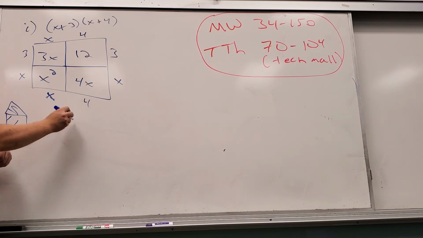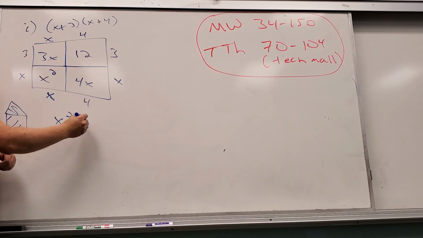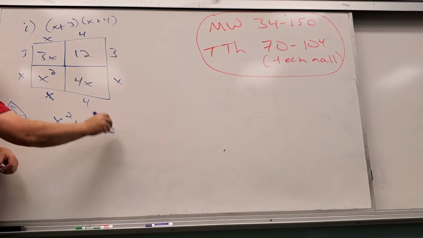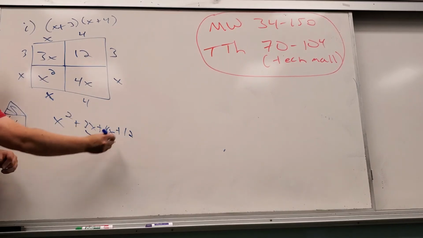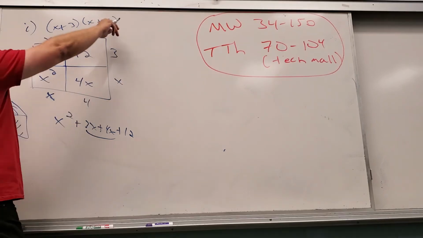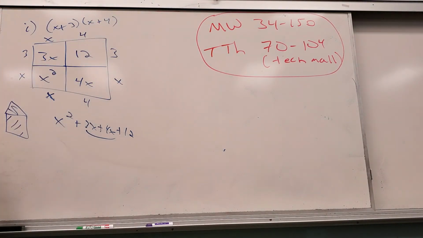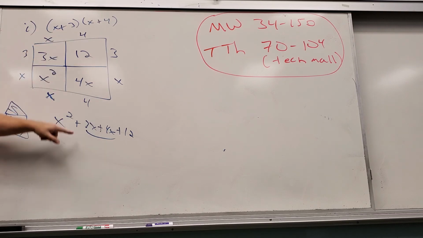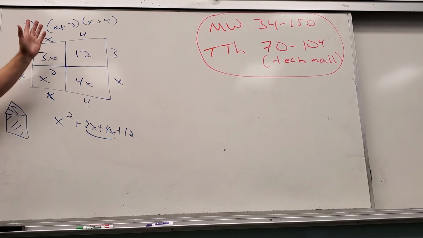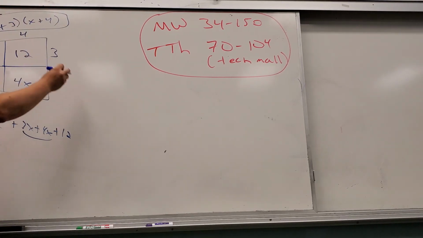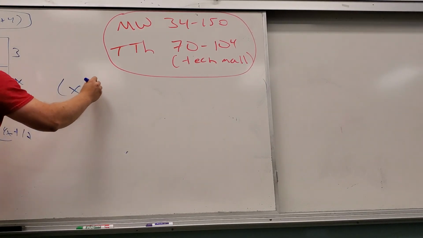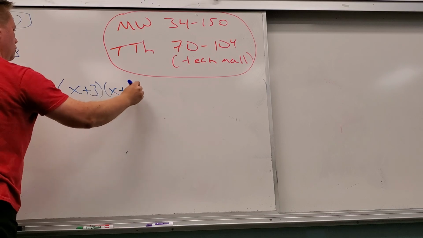X squared plus 3x plus 4x plus 12. Real quick, whatever this is, it better be this, or else the whole thing is wrong. Right? So how do I look at this correctly?